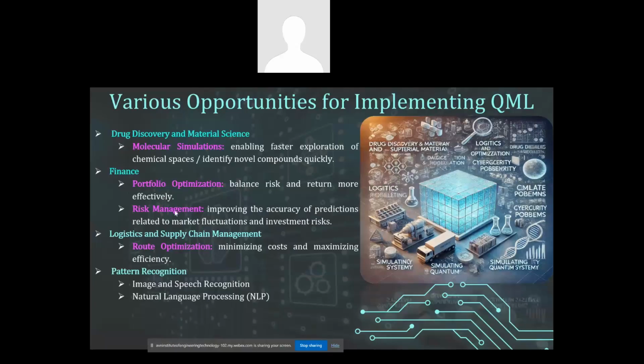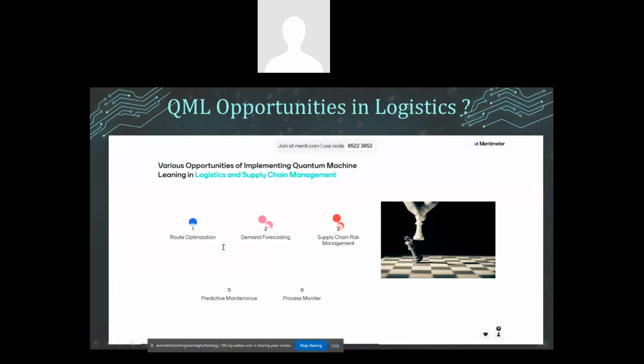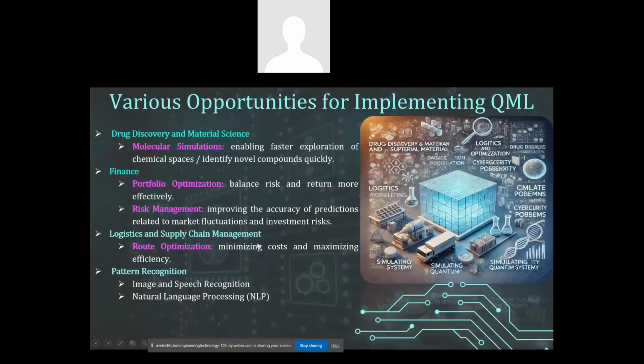With the help of quantum machine learning, we can make accurate predictions and reduce the investment risk in the financial sectors. I've just listed two here, right? We can utilize it in many more different departments in finance.